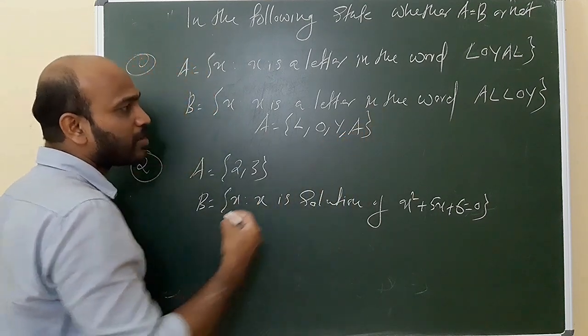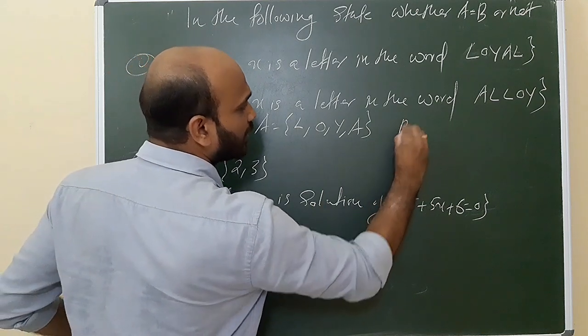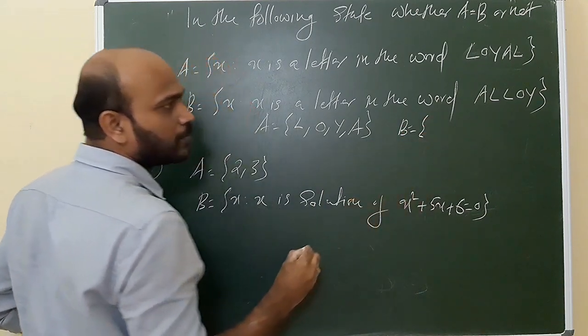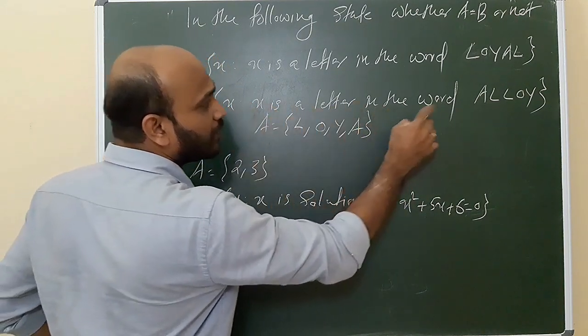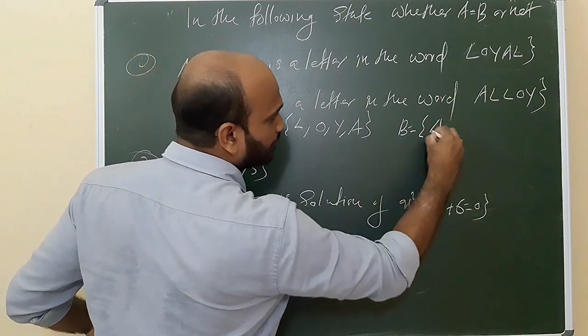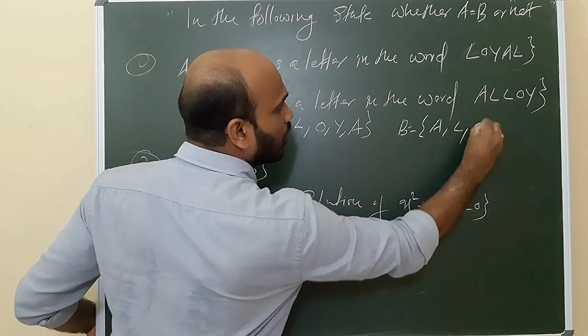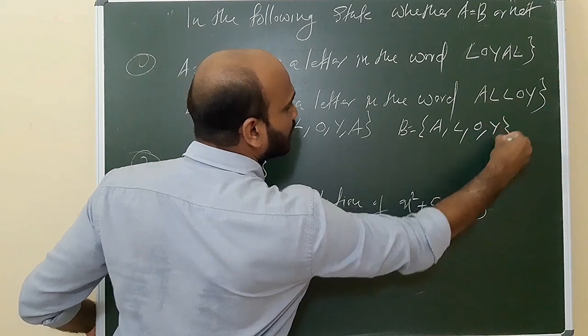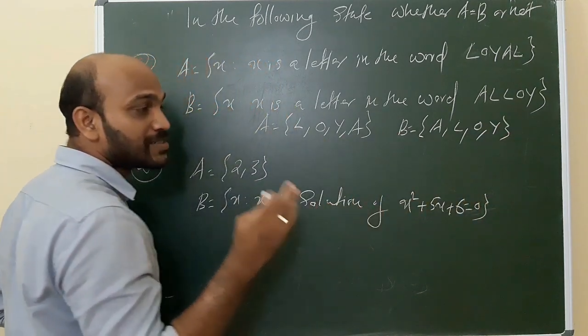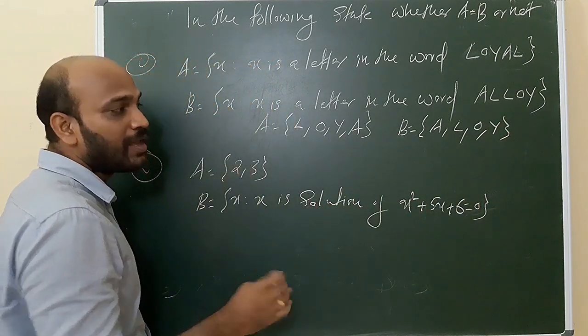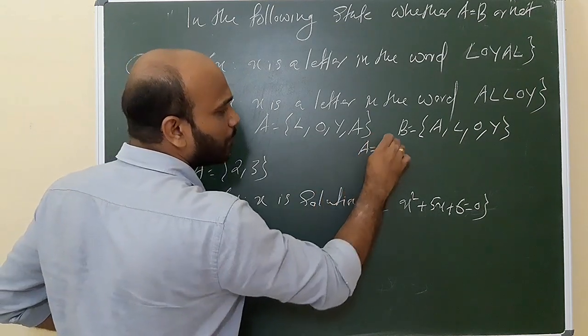Now the roster form of B, letters in the word alloy: A, L, O, Y. Actually A and B contain the same elements. So A equal to B.